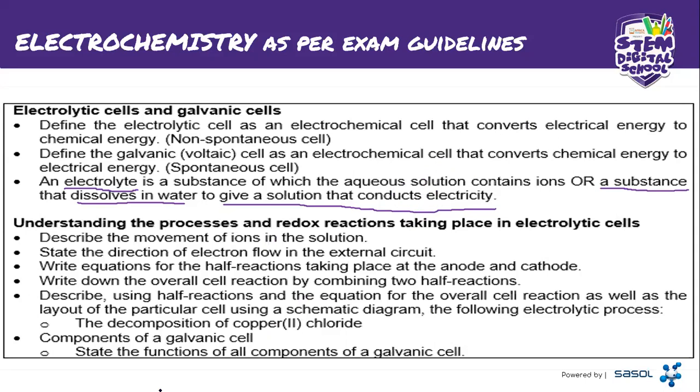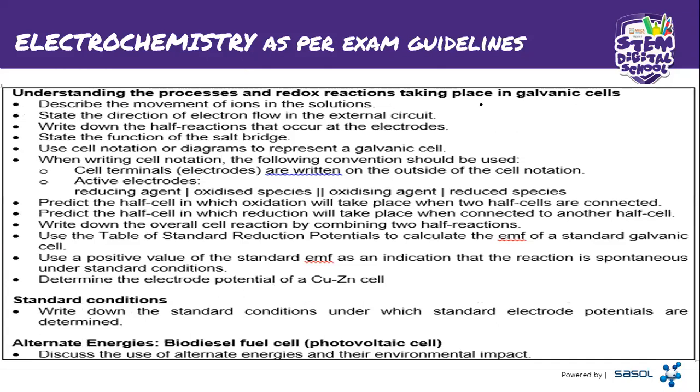Again, my dear learners, we need to understand the processes and redox reactions that are taking place in our galvanic cells, which is also what we will be looking at when we do the questions altogether. We must still be able to describe the movement of ions in the solutions.